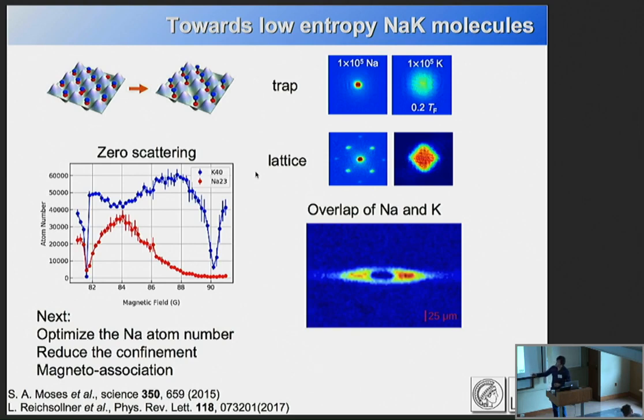This agrees well with the quantum defect theory calculation by Yue Cui. Sorry, I didn't put her name in yet. Next, we will optimize the sodium number and reduce the confinement so we have a unit-filled lattice, and investigate magnetic association.